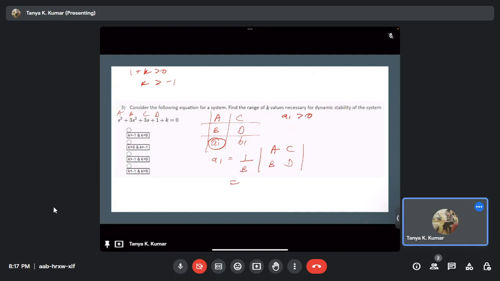Okay, so A1 is coming to be 1 plus K minus 9 by minus 3, and this should be greater than 0, which gives the condition that K should be less than 8. Alright, so this is the correct answer. K should be greater than minus 1 and less than 8.